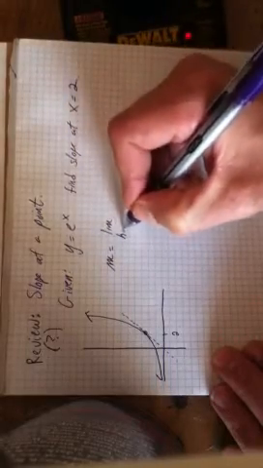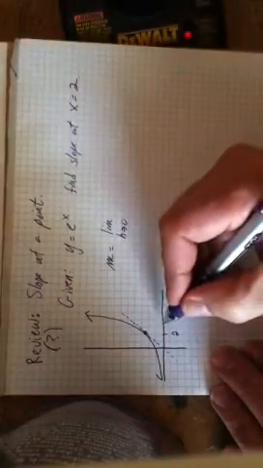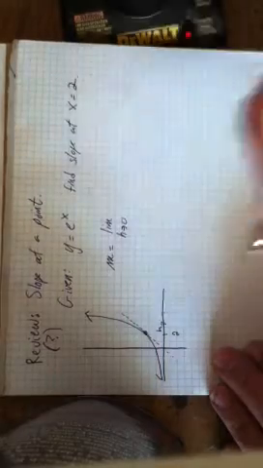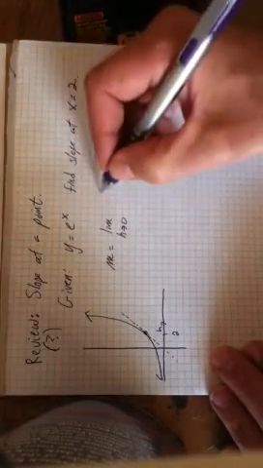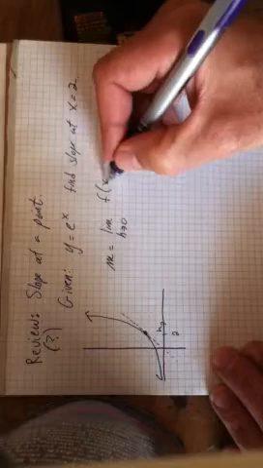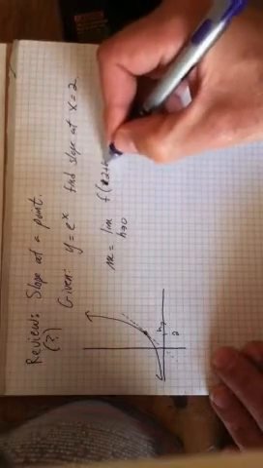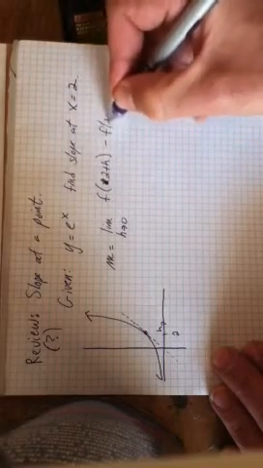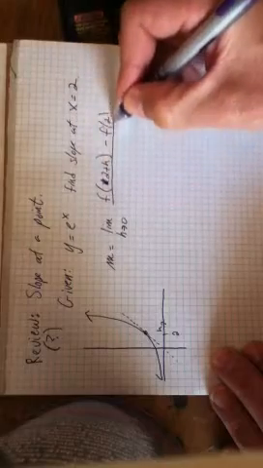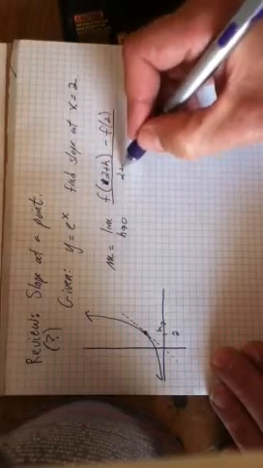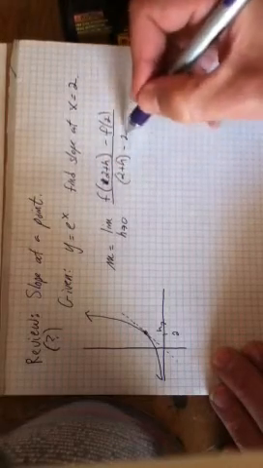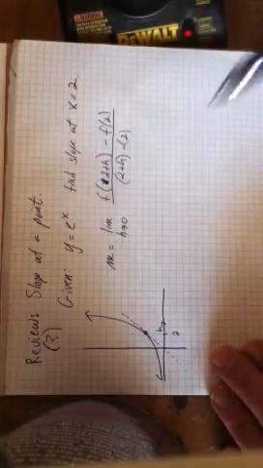We're going to take the limit as h goes to 0. H is going to be some small distance away from 2, of f of 2 plus h minus f of 2, over 2 plus h minus 2. That's the straight-up definition of slope.